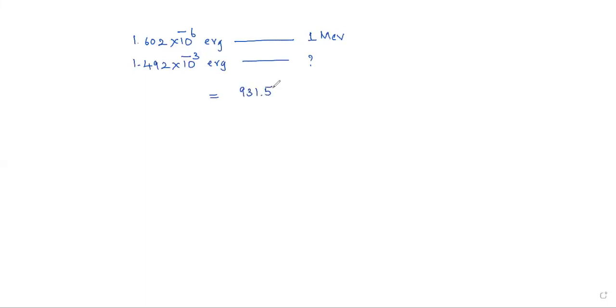That is a standard value again, 931.5 million electron volts. So in general, binding energy is equal to mass defect taken in AMU multiplied by 931.5, since for every AMU, 931.5 million electron volts of energy is released.